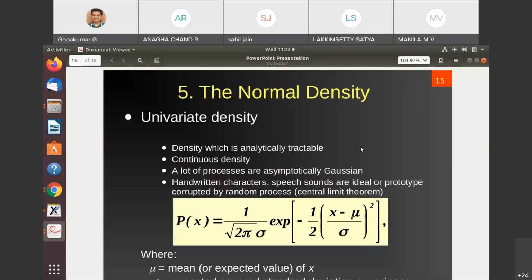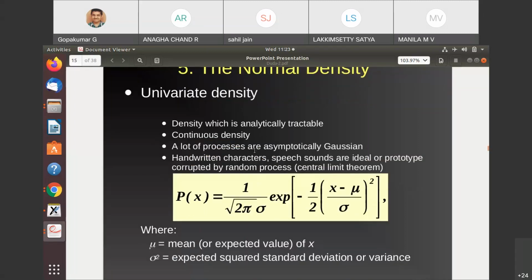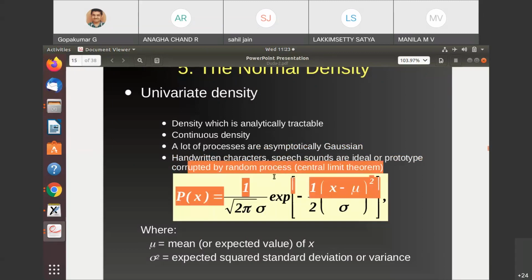So many real world processes, we can assume that they follow a Gaussian. There are a lot of such reasons why this is the best way to start the discussion. For example, handwritten characters, speech sounds, or anything of that sort that we come across are a prototype which is corrupted by some random processes.